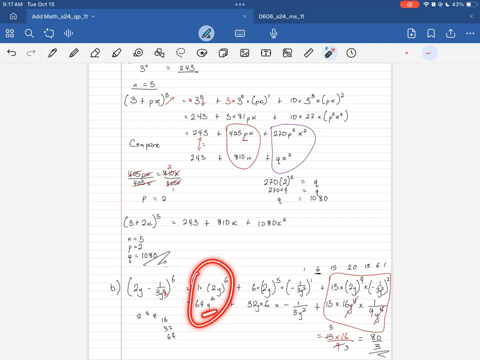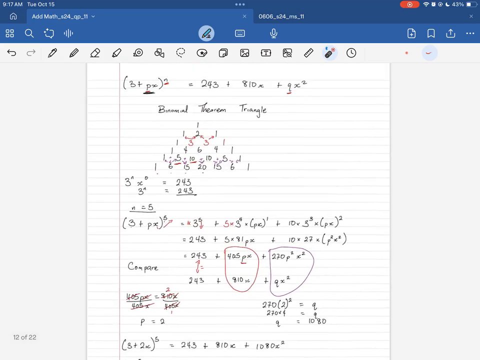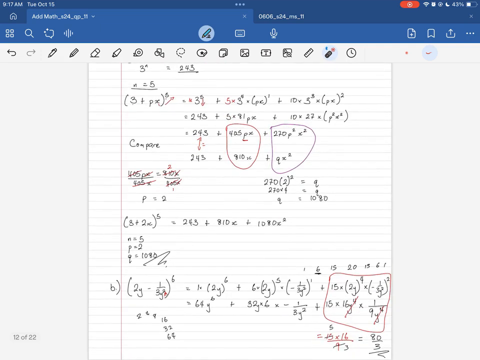I tried the second term and this will give you something over y. So I still had y here, and then I tried this and my y to the power 4 cancelled out. So I just had 80 over 3, which means that this was the constant term. Now for this, you could also solve out everything, right?